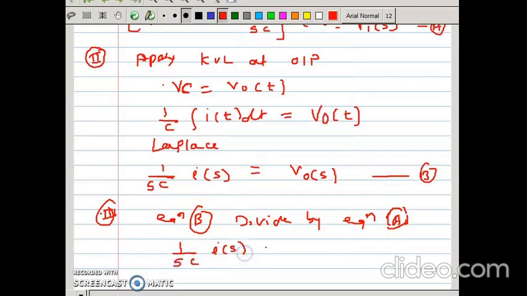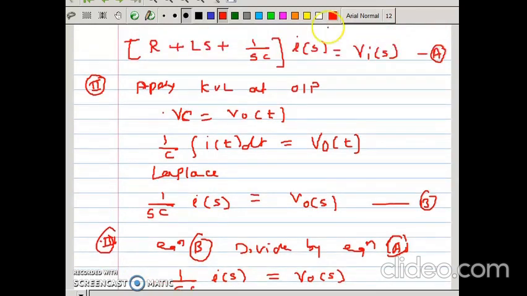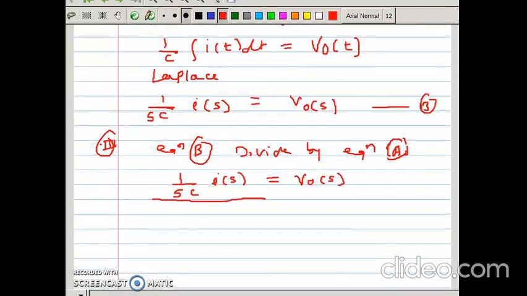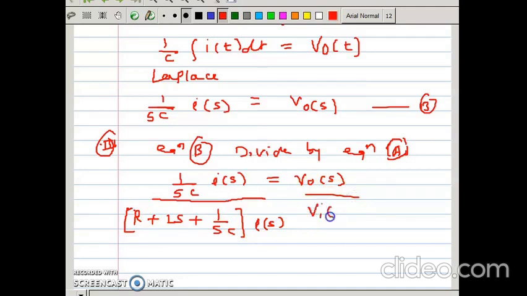I of S is equal to V of S divided by, what is the equation number A? It is R plus LS plus 1 upon SC, outside the bracket I of S divided by VI of S.